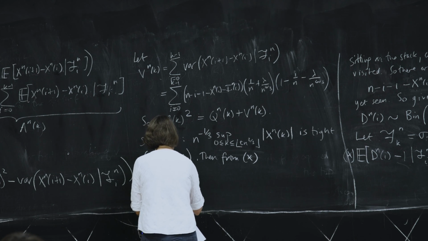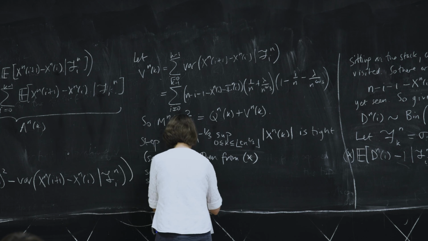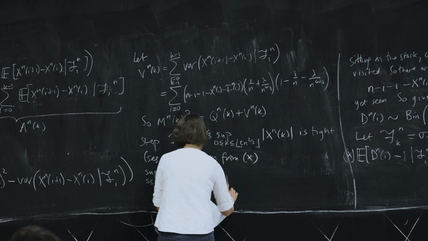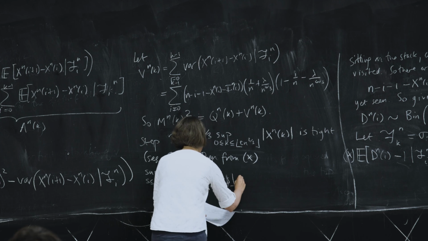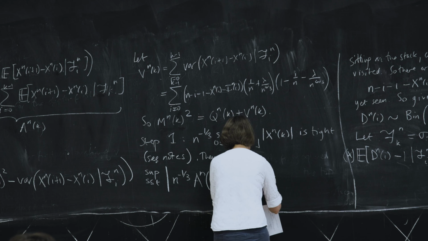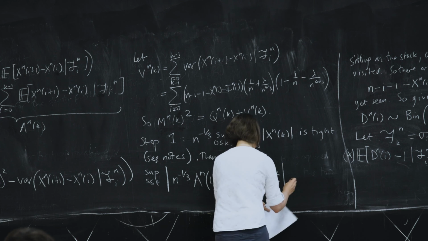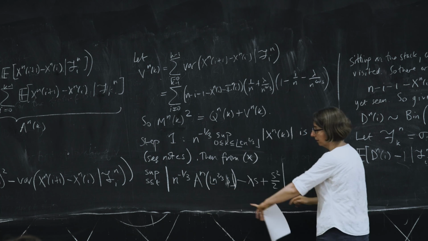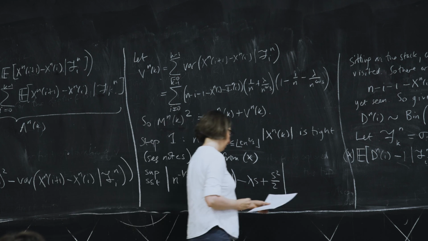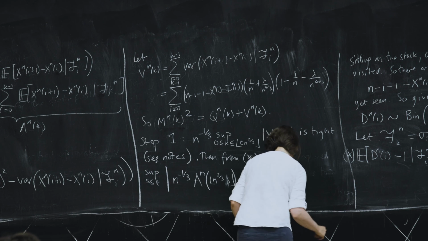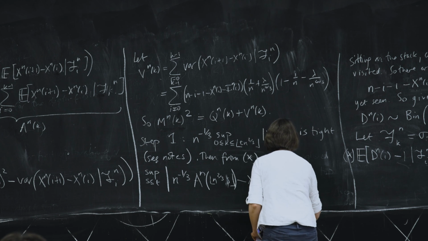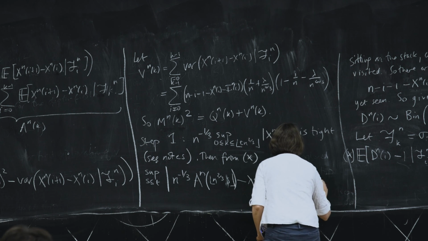If I rescale by n to the minus the third, time by n to the 2/3, and then I need to subtract off what I want to be my limit drift, then that whole thing, if I take the sup over s less than or equal to t, is just converging in probability to 0 as n goes to infinity.